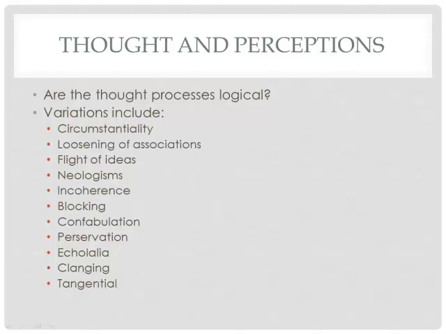And then finally we have tangential, and this is when the patient rapidly diverges to other unrelated topics. So you'll kind of start off going down a road, and then all of a sudden they'll start going off into something that's not really related.